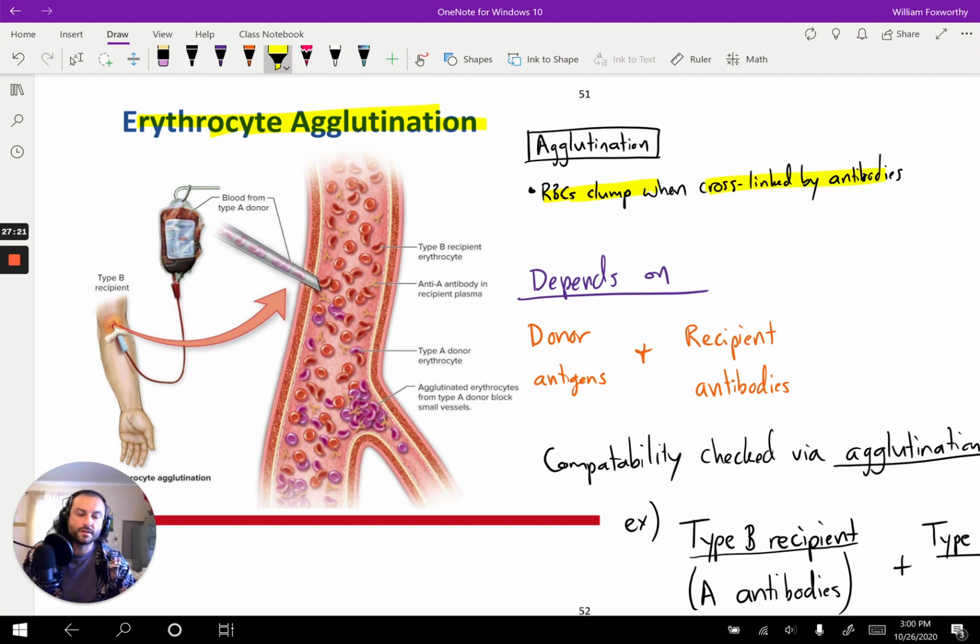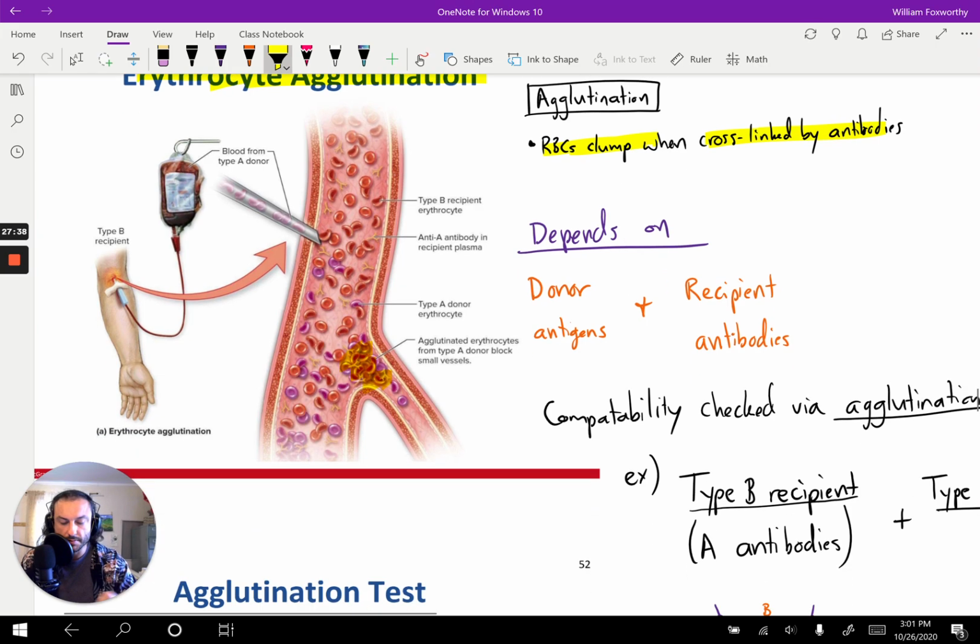And by the way, it's not just red blood cells: bacteria, viruses, many things that antibodies would bind to, the antibodies will cause them to clump together. So that's a problem clinically if you have clumps of red blood cells like this guy has here from his blood transfusion. That's going to clog up his small arteries and veins, and particularly the capillaries, and that could lead to stroke or a similar problem.